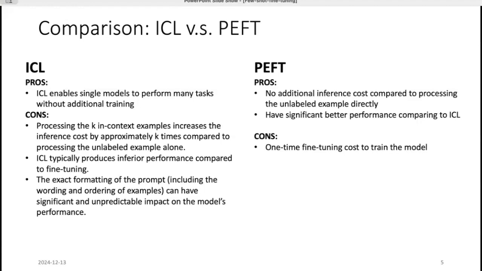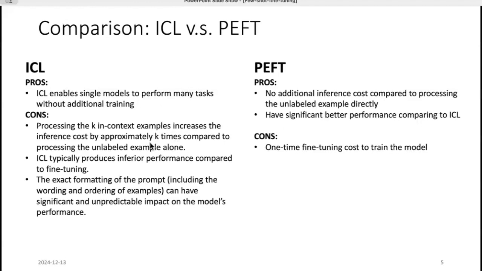Yeah. So in terms of PEFT, the pro is that there's no additional inference cost compared to the original pre-trained model, because it's kind of the same model. Also, depending on what PEFT adapters you use, usually there's no additional inference cost, because you don't increase your prompts.